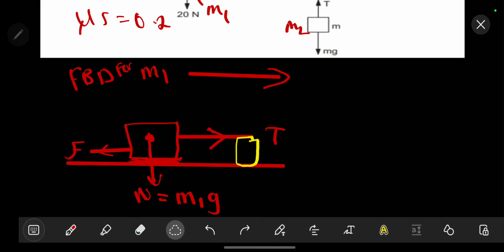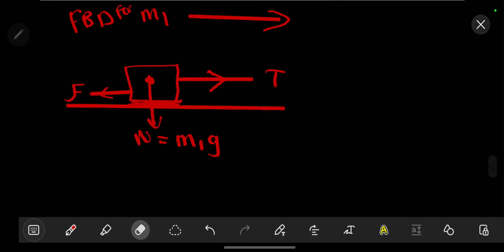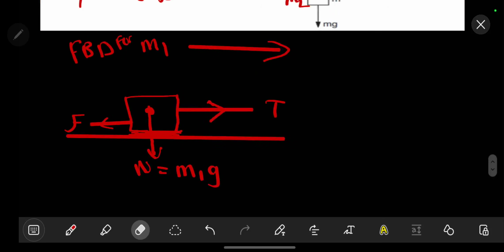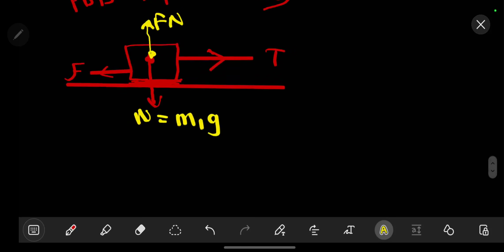So what we are going to do is that since there is a downward force, there must be an upward force to cancel this downward force. So this force is the normal force like that. Then we have the normal force, we have the weight of the object like that, we have the tension, we have the friction. From here we are going to come up with our summation.